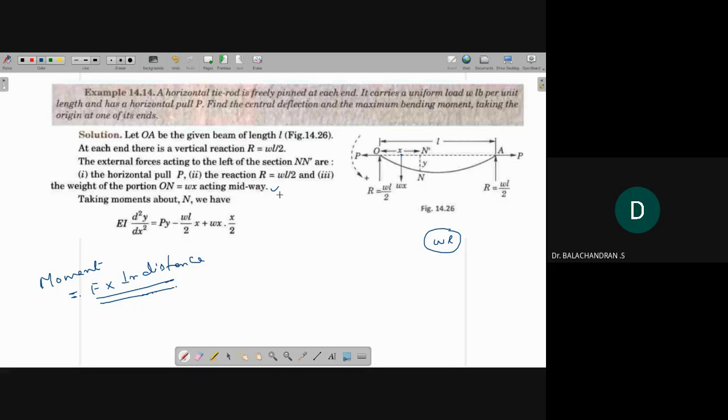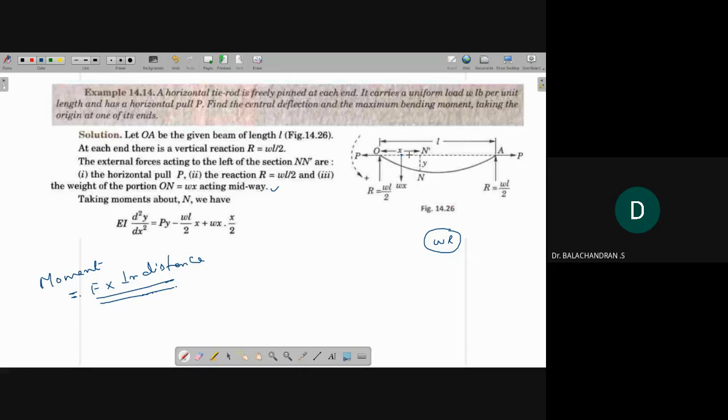Here the force is capital P, but the perpendicular distance is Y. The reaction is WL by 2, that is the force, into the perpendicular distance from here to here, X, plus the third one, weight of the portion ON equal to WX.